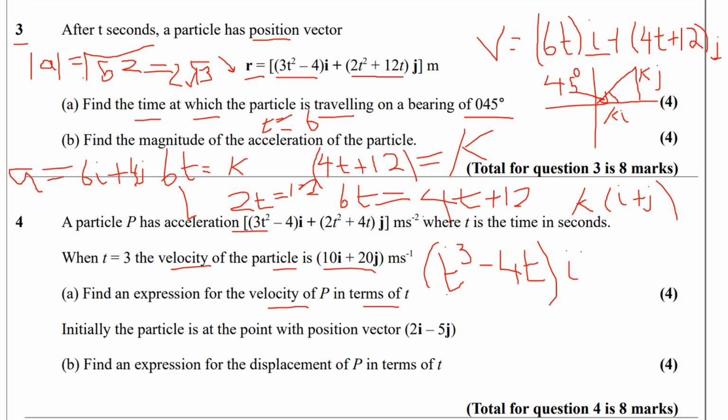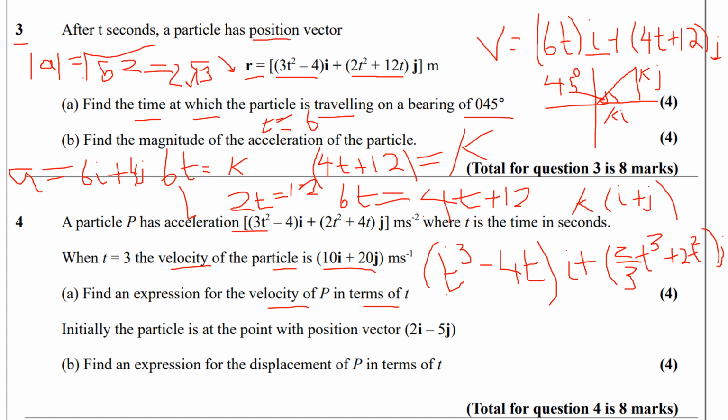Plus, if we integrate the next part, we get 2/3 t cubed. Add 1 to the power and divide by the new power. And 4t integrates to 4t squared over 2, which is 2t squared, j.